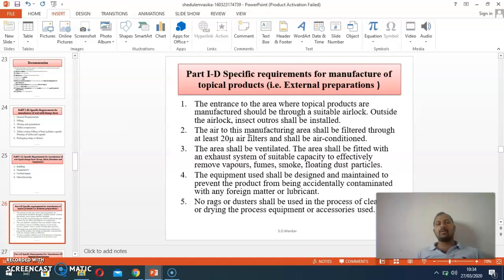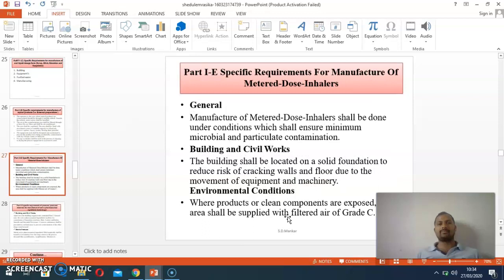The air to this manufacturing area shall be filtered through at least 20 micron air filters and shall be air conditioned. The air shall be ventilated. Equipment used shall be designed and maintained to prevent the product from being accidentally contaminated with any foreign matter or lubricant. No rags or dusters shall be used for cleaning or drying of the process equipment accessories.